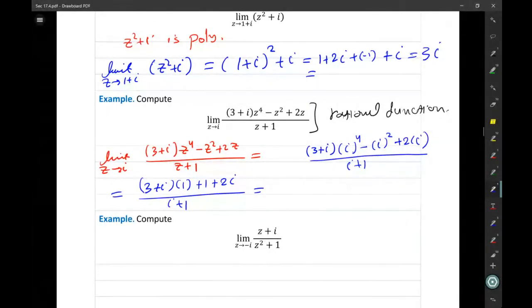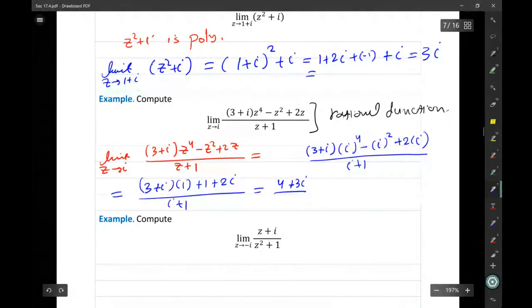This equals (3 plus 1) which gives 4, so 4 plus 3i divided by i plus 1. But here we need to simplify. How? Multiply by the conjugate: (4 plus 3i) over (i plus 1) times (1 minus i) over (1 minus i).